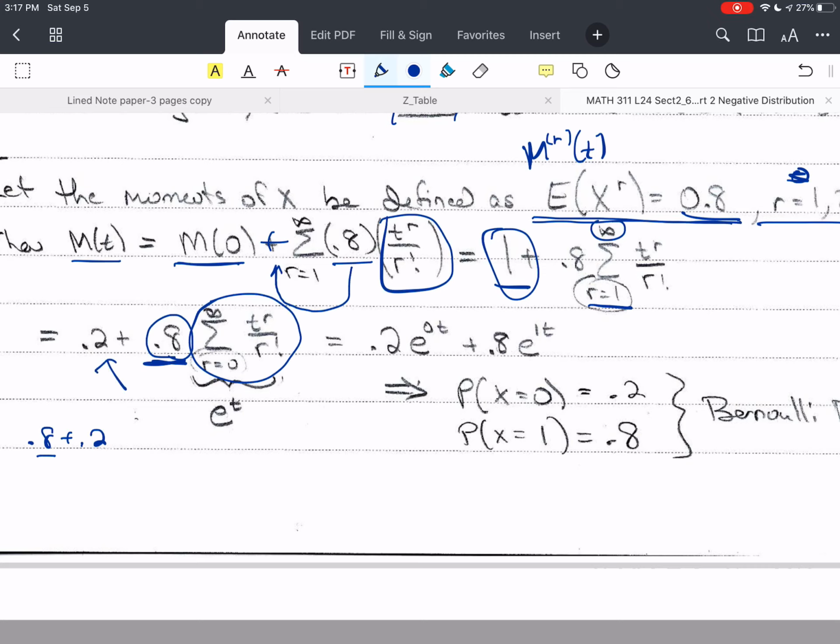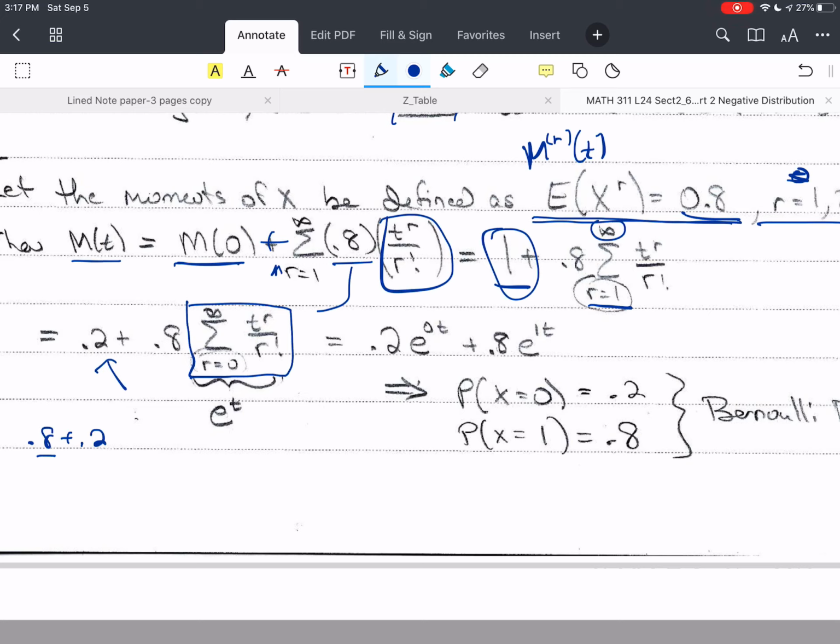And so now we can take this and say that r is equal to 0. And we can write this as 0.2 e to the 0t, because that's 1, plus 0.8 e to the 1t, because this quantity here, you should remember from algebra that it is a way of writing the natural number e. And so we have just recreated the moment generating function.